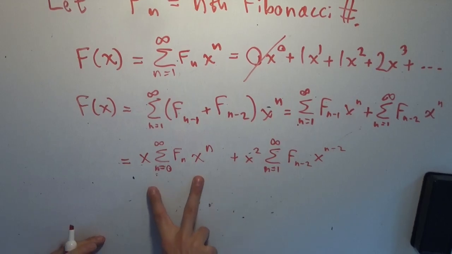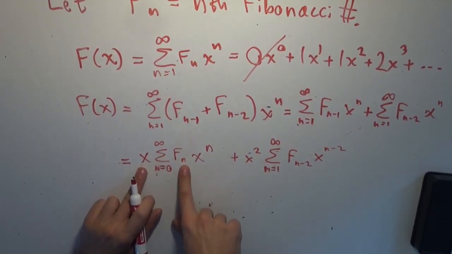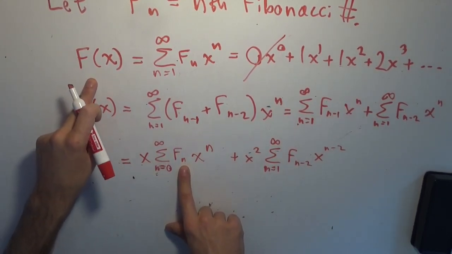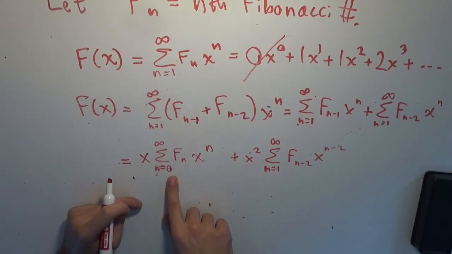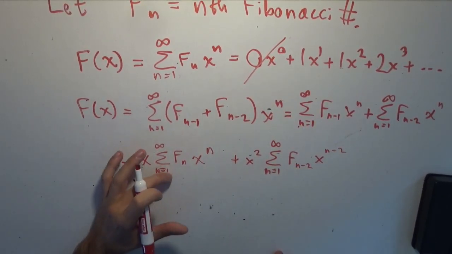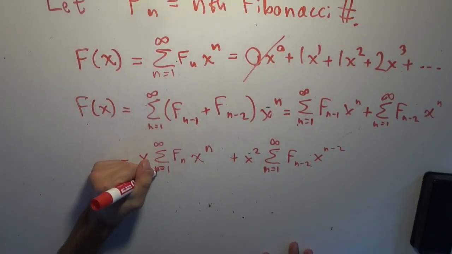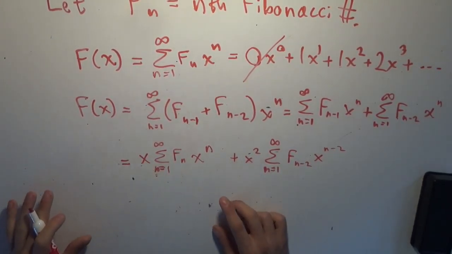But this is, again, just the original thing, right? This is x times capital F of x, except we don't have to start at the 0 term because the first Fibonacci number is 0. So we can actually start at n equals 1 anyway, right? That's the nice thing about the first term being 0. We can just eliminate it.